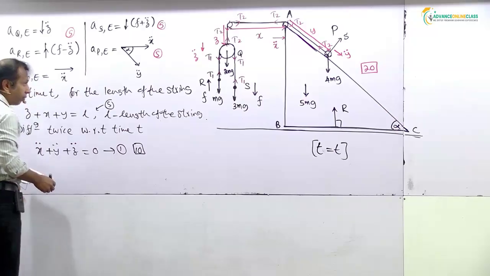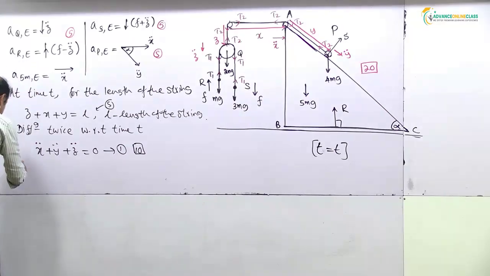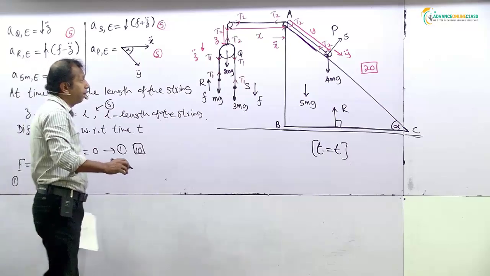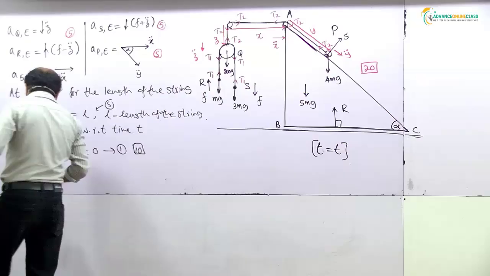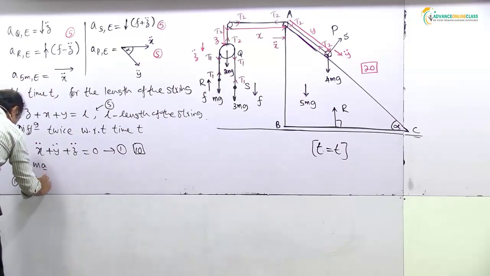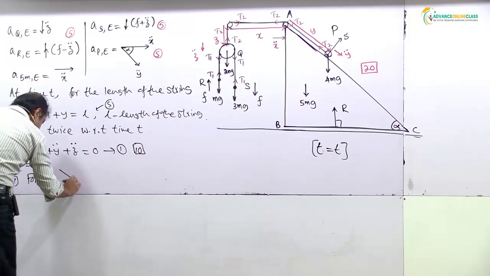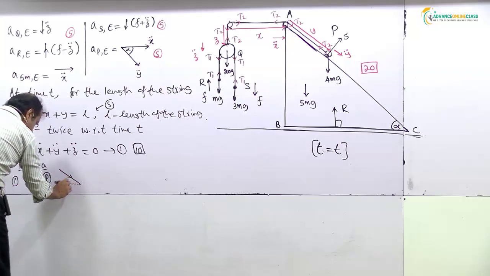Now we apply F equals ma. Number 1, we apply for this P. For P, in this direction, make an angle alpha here.